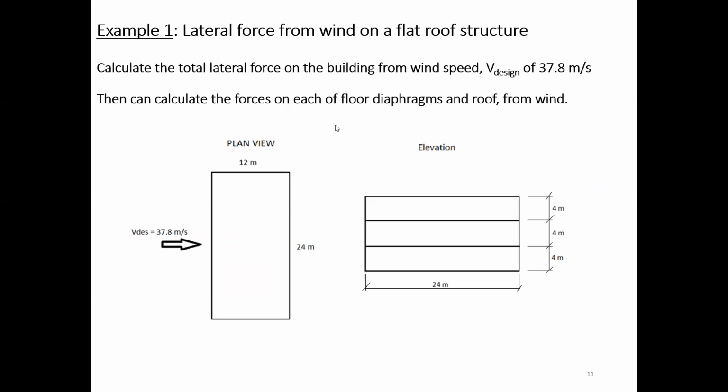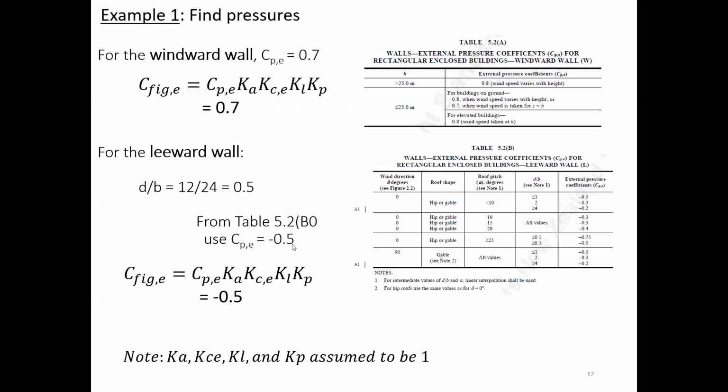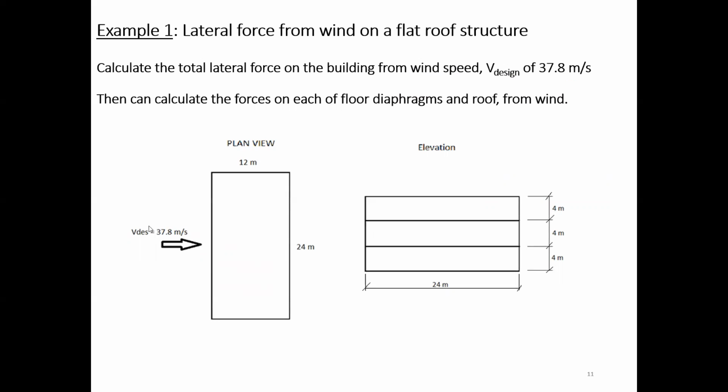We can then calculate the forces on each of the floor diaphragms and roof from the wind. The first thing to do is go back to your formula and work out Cpe for the windward wall and for the leeward wall.